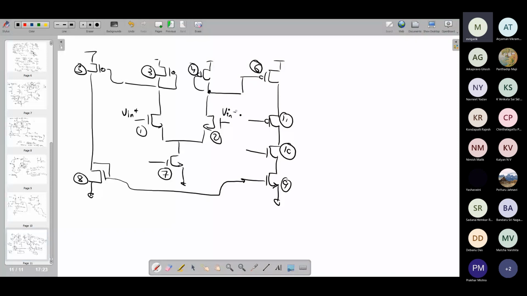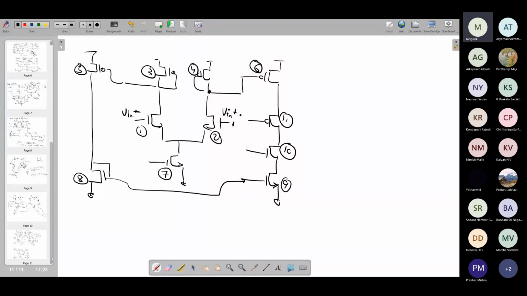Actually, this is the Vin plus in this case. This is the Vin minus because you have another stage in this case, which is reversing the polarity. So if you apply positive signal over here, the signal at the first stage goes down and output will go up. So therefore, this is the positive terminal. I hope you are able to follow. This one will be the negative terminal for the OTA.